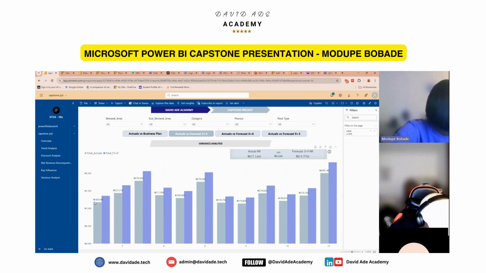As I said, the variance is listed up here, and it's in green because it's a positive value. The other one was in red because it's a minus.